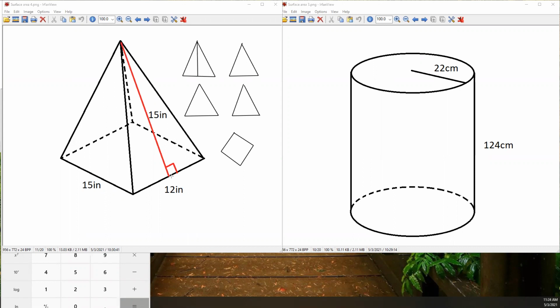This one is 15 by 12, and on the other side of it would be 15 by 12. Then over here, you've got 15 by 15, and on the other side would be 15 by 15. And then your base here is 15 by 12. So I think we can skip the pyramid because it's pretty basic. It's following the exact same thing that we've done for the other shapes.